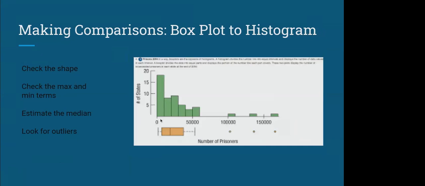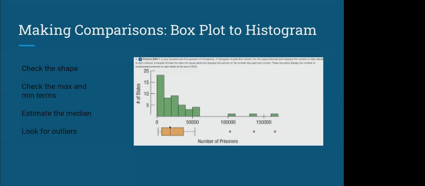So here, again, if we look at shape, this is the body, the main body of the data. So when we look at shape, it's going this way. Okay, so we can see the push is left, meaning the tail would be on the right.